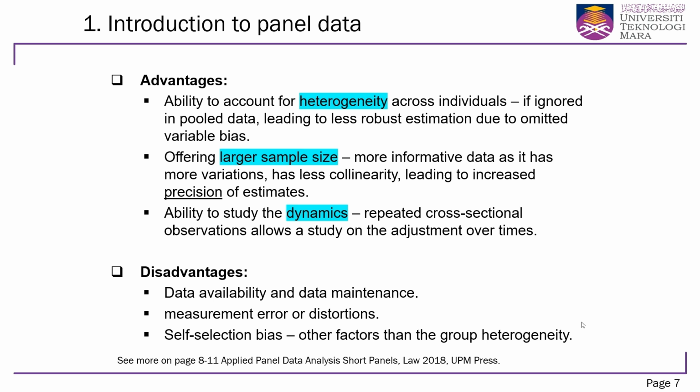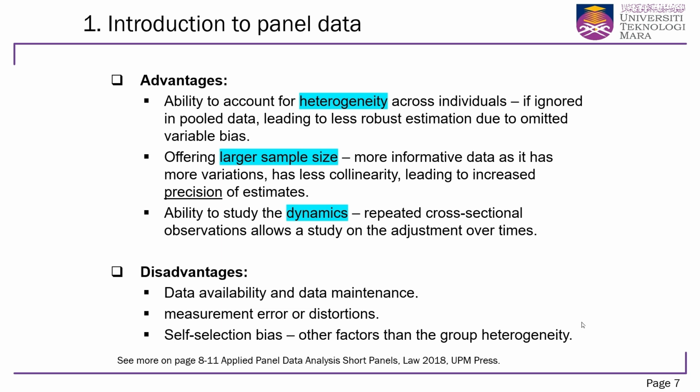We discussed earlier about the unique characteristic between cross-sectional units, and this unique characteristic, or the other term that we often use to call it, is unobserved heterogeneity. This unobserved heterogeneity factor across individual units must be captured in our analysis. If this characteristic or factor is ignored in pooled data, it will lead to less robust estimation due to omitted variable bias.